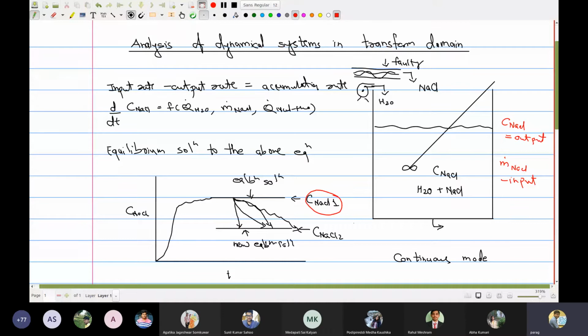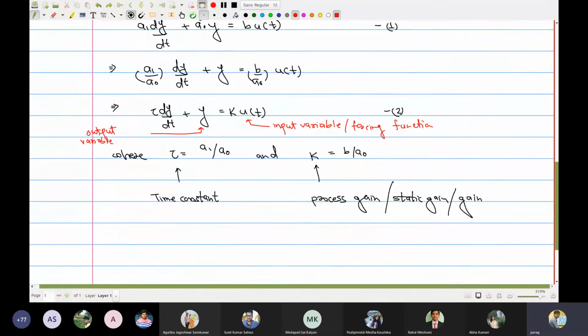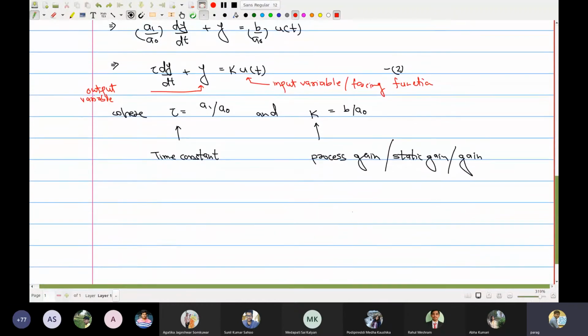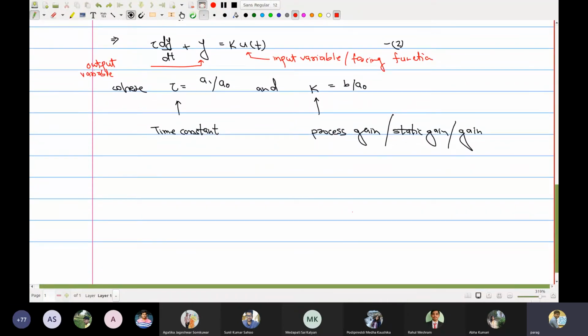This was for a fixed mass flow rate of NaCl. Now your mass flow rate in the system changed. As a result, your output, which means your concentration of NaCl in the system, also changed. That's why you call u(t), on the right hand side, the forcing function. It is the function which is forcing a change in the output of the system, and y, the dependent variable, is called the output variable.